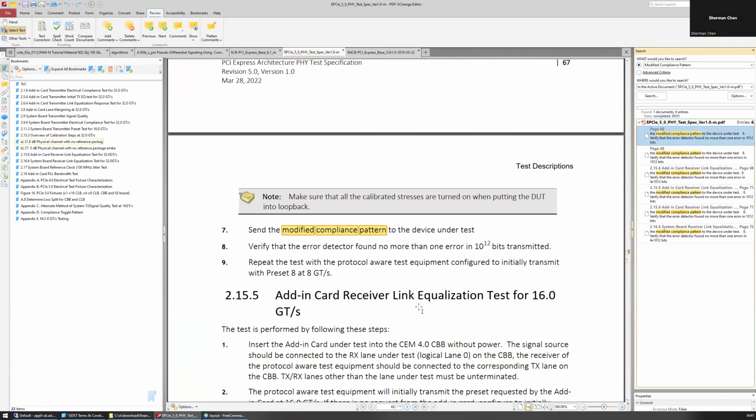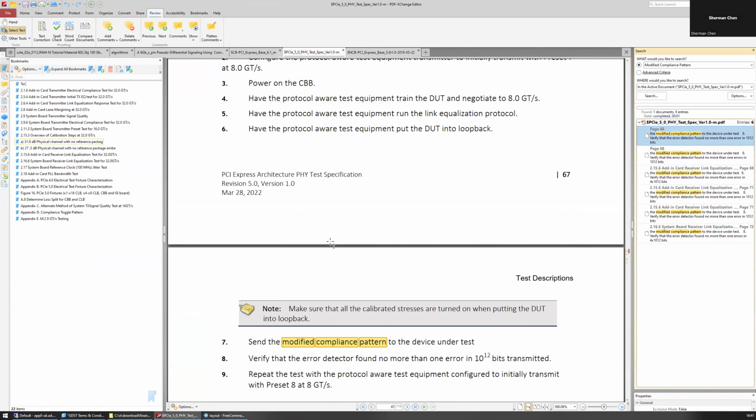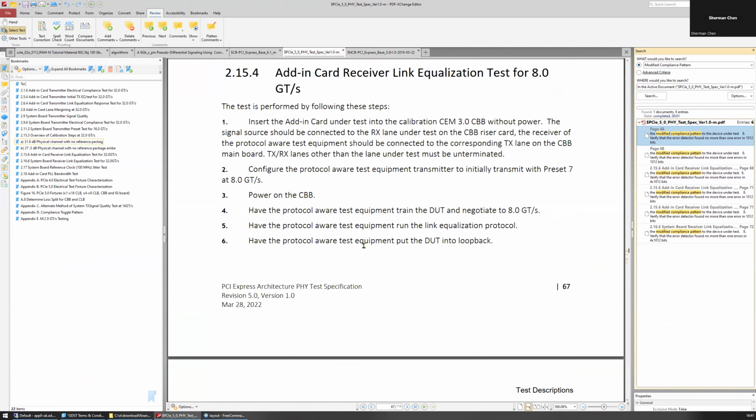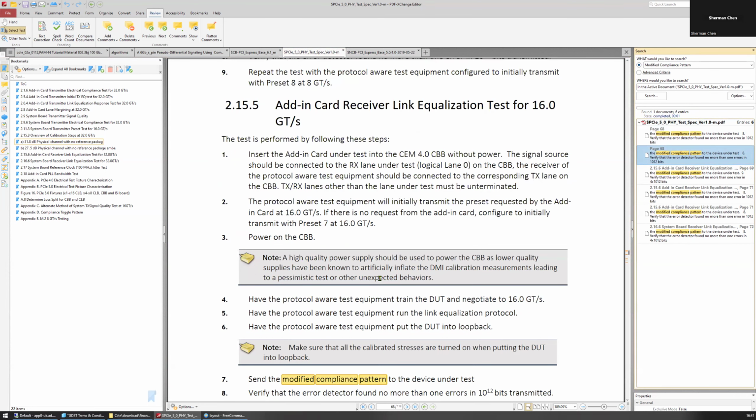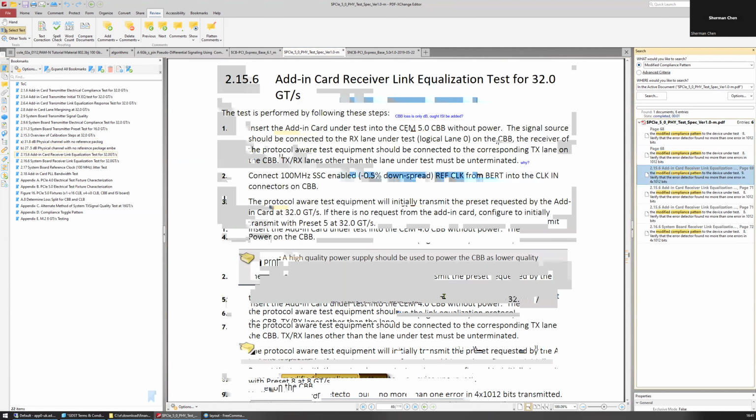I can see here this one. This test needs to use MCP, right? What is this test? The test for receiver link equalization for Gen 1. And this one is for Gen 4, also receiver link equalization test. And this one is for Gen 5.